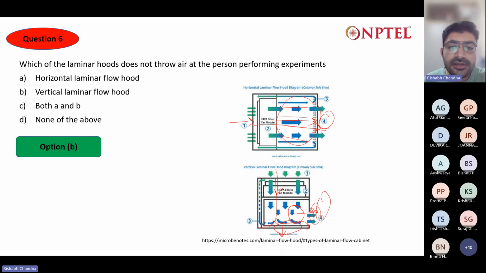So a vertical laminar flow hood will be safer when we are working with more infectious agents. For BSL-3 and BSL-4, generally a vertical laminar flow hood is preferred. Thank you, sir. So any more questions related to this?